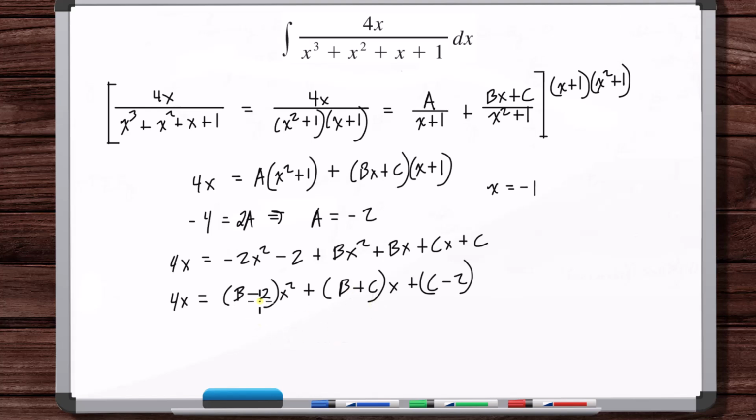Okay, b minus 2 is equal to 0, so b is equal to 2. c minus 2 is equal to 0, so c is equal to 2.